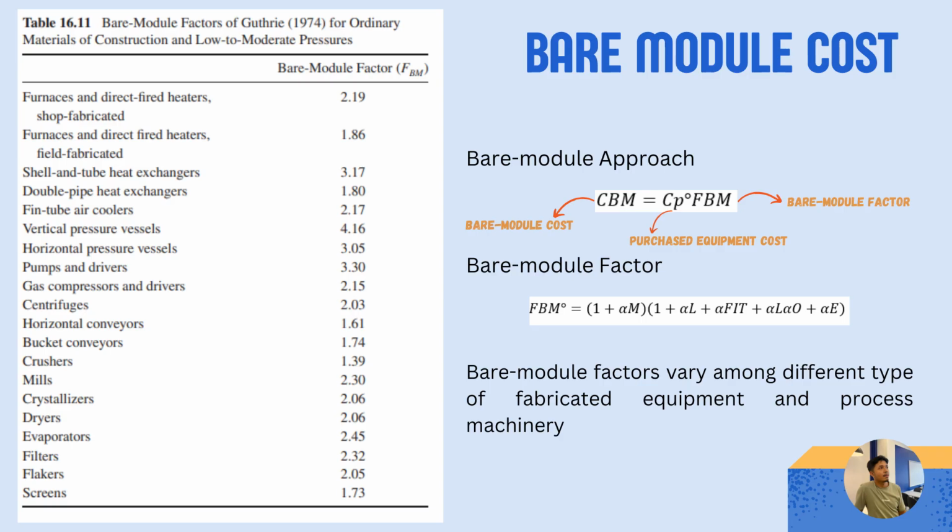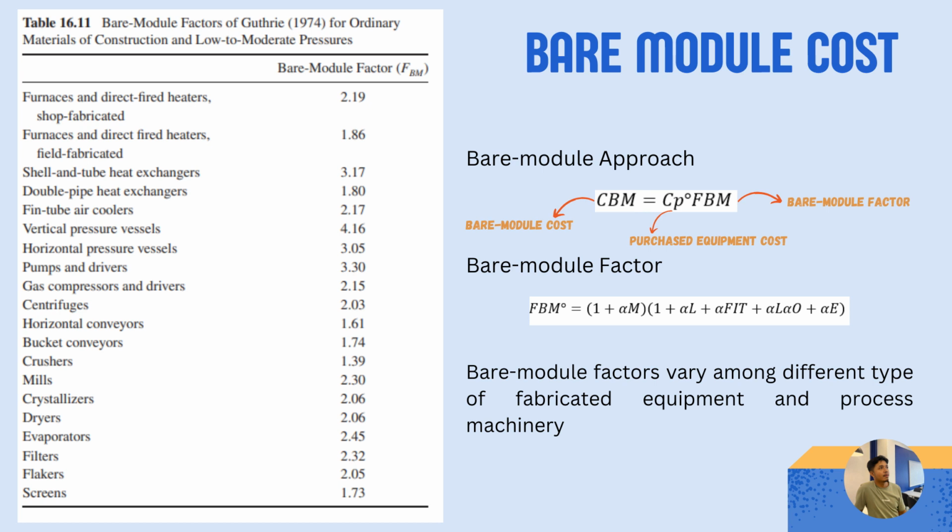So in table 16.11, there is an example of ordinary material of construction and its FBM, which is bare module factor. So to calculate bare module cost, we use the bare module approach, which is CBM equal to CP multiplied with FBM. CP is purchase equipment cost and FBM is bare module factor.